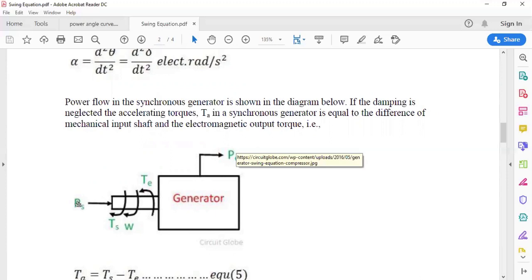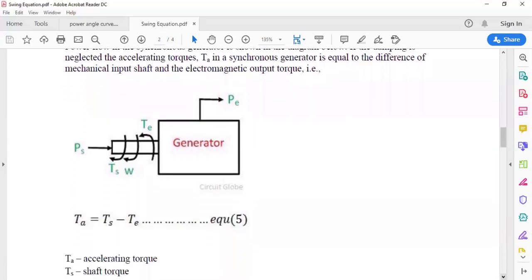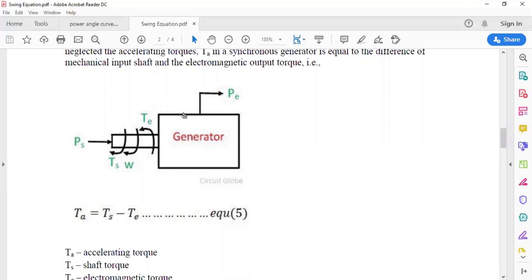Due to this mechanical power input, we'll get some mechanical torque developed on the shaft, and for the generating action, we'll get torque developed in the generator also. That torque will be the electrical torque. Now the difference between the mechanical torque and the electrical torque will give you the equation for accelerating torque. Now see, Ta equals mechanical torque minus electrical torque.